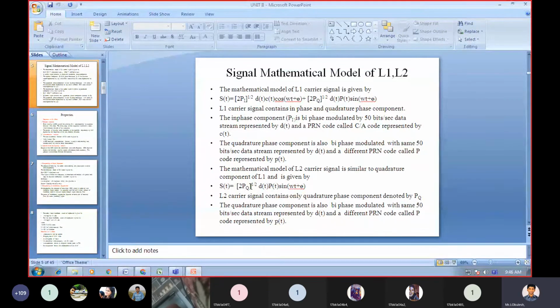But the L2 carrier signal is modulated by only one pseudo random noise code, that is P code. So here we get only the quadrature phase component, square root of 2 P_Q times D of t P of t sin(omega t plus theta). That is the difference between L2 carrier signal and L1 carrier signal. You need to keep that difference in mind. Don't confuse.